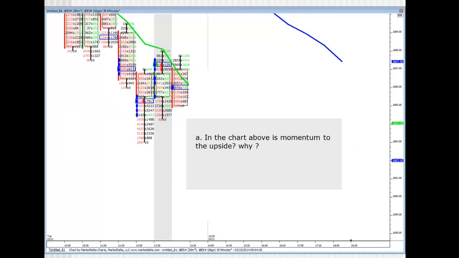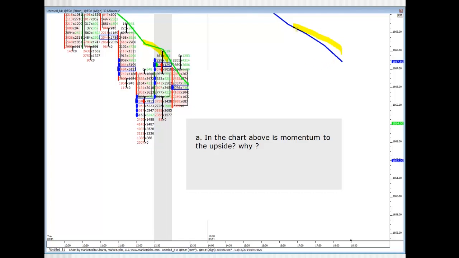All right, in the chart above, is the momentum to the upside? And why? Well, I really want to impart to you the skill of being able to detect price direction fairly quickly and easily from some simple parameters on the chart. And in this case, we have the simple 5 and we have the simple 20 moving average on a 30-minute chart.